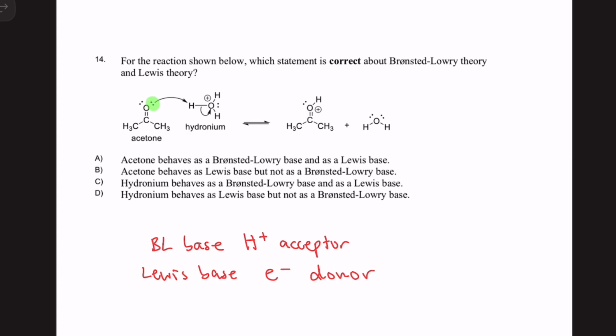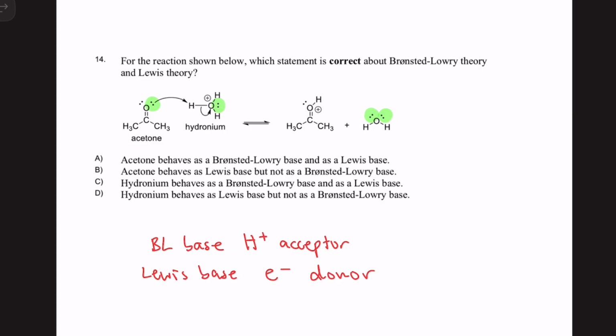So I see here that acetone is donating an electron pair to hydronium, and it's put itself on water over here because it previously only had one lone pair, now it has two. Where did the extra one come from? It came from acetone, which donated it. So we know that this is a Lewis base. Now let's look at the protons.